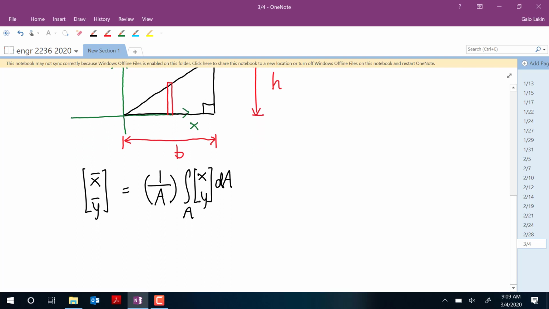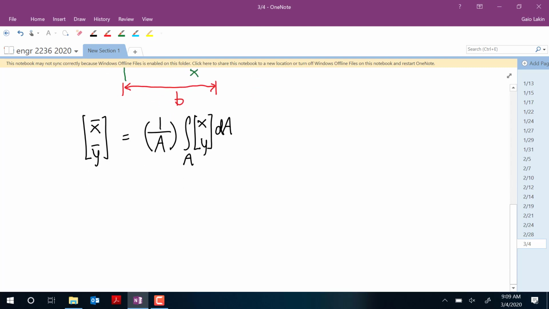And let's start figuring out what some of these values are. So the area is base times height over 2. Okay, so 1 over the area is going to be 2 over base times height.